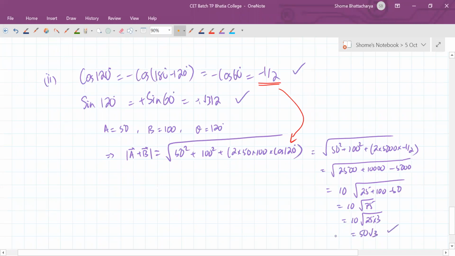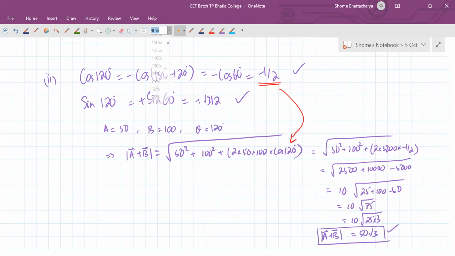So 50 root 3 should be your answer. Okay, simple enough.